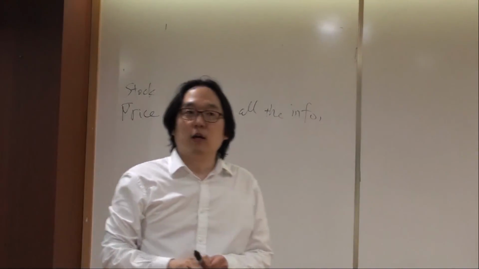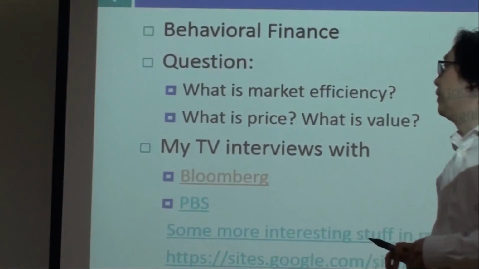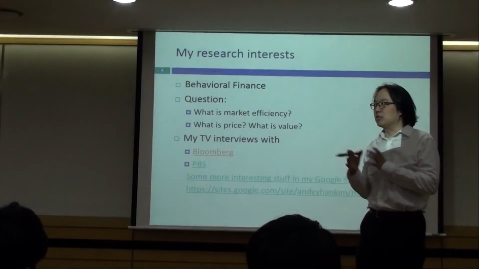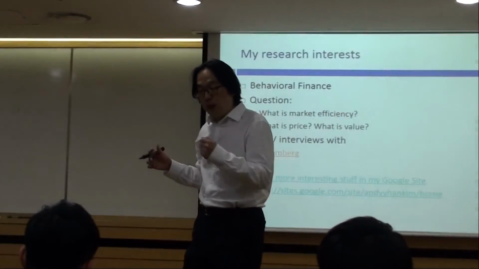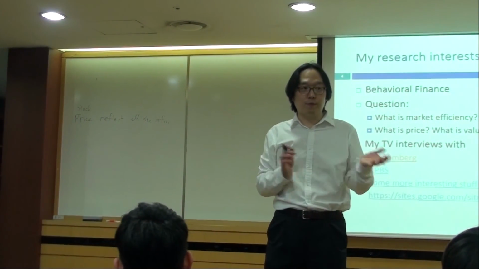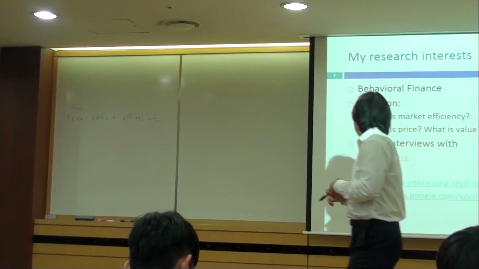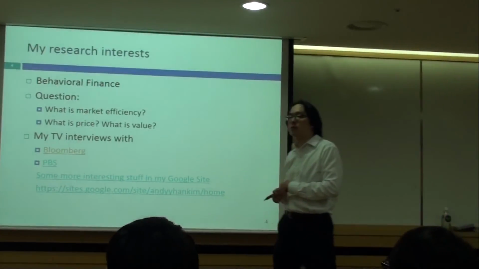So that's great. This is a precise definition of market efficiency. The stock price, the only thing that drives the price should be information, right? Information about the cash flow and the risk of the firm. And then the next question is, what is price and what is value?